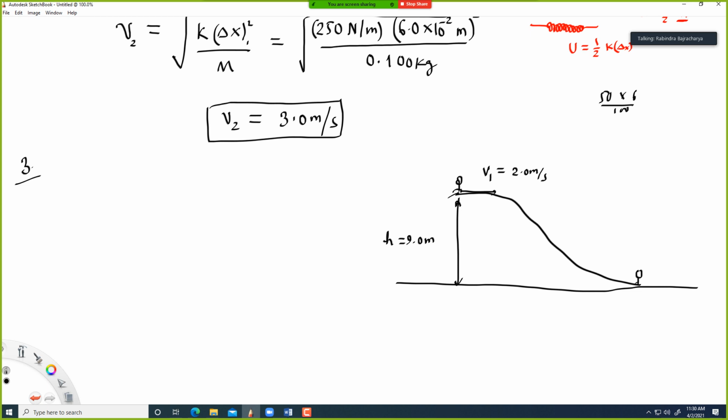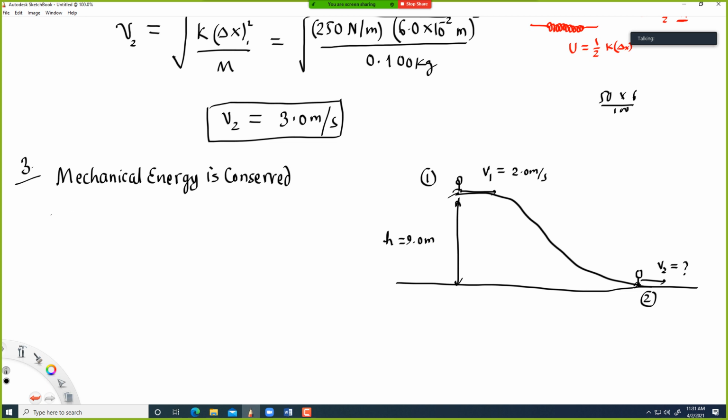So here on the bottom, what would be her speed? Let's say that's V2. So her initial speed is 2 meters per second, and we want to find her final speed. So let's say this is point 1, that's point 2. And here mechanical energy is conserved. So we want to write the mechanical energy at this point and the mechanical energy at that point.